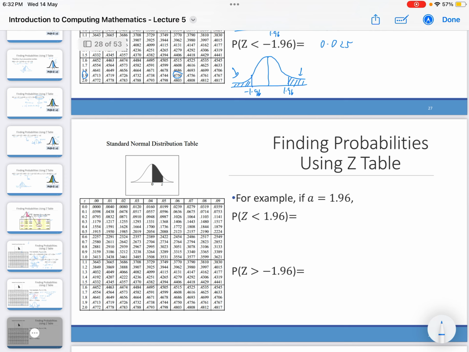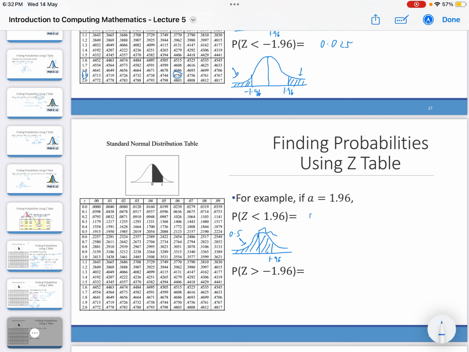Okay, so the next one, we want probability of z less than 1.96. So we draw the bell curve. So over here is 1.96. So we want less than this value. So basically we want this one. Okay, and then we know the left side here, the probability is 0.5. And then we know this one actually we can get from table.